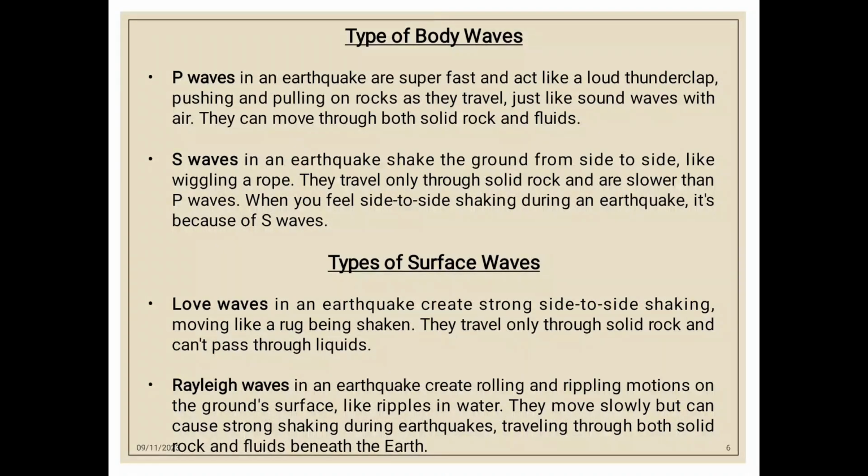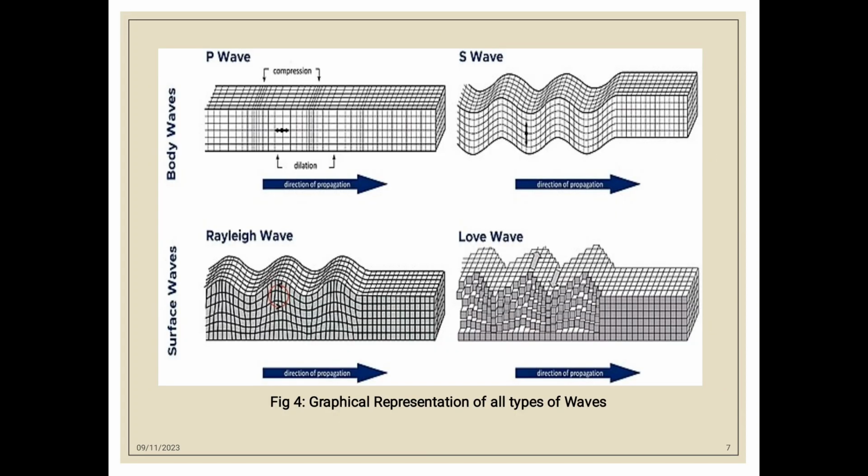They move slowly but can cause strong shaking during earthquakes, traveling through both solid rocks and fluid beneath the earth. Here we have graphical representations of all types of waves.